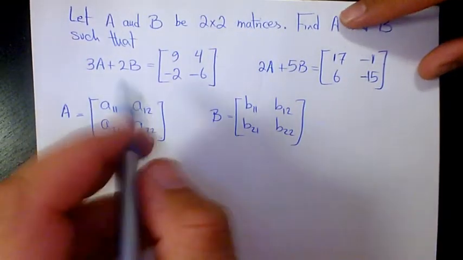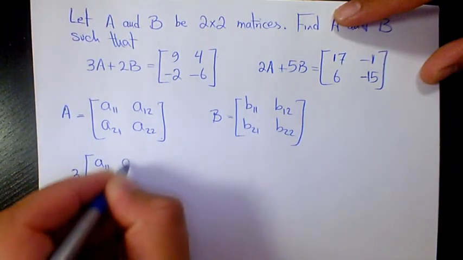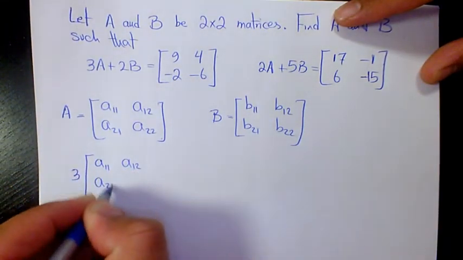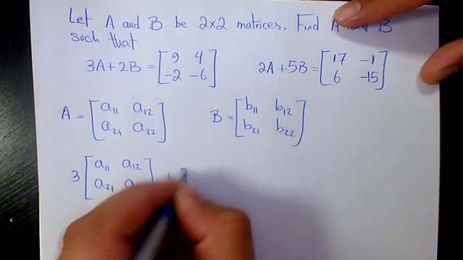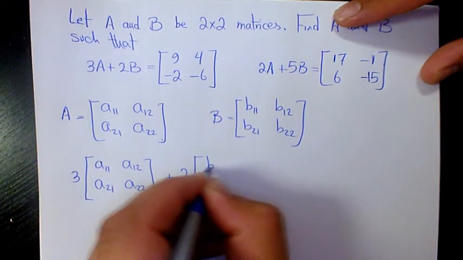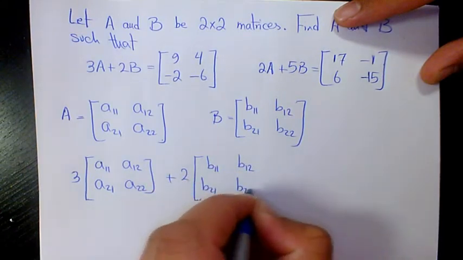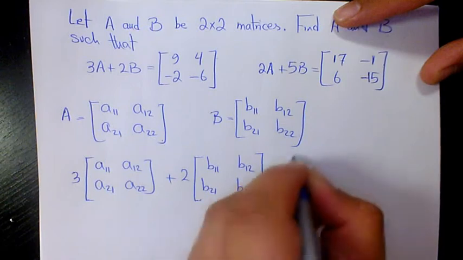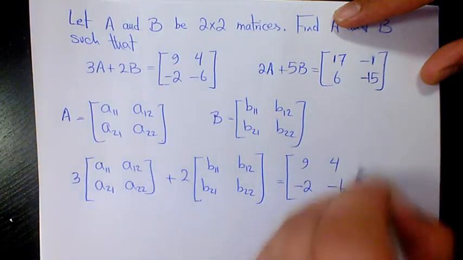So based on that, I'm going to say 3 times A11, A12, A21, A22 plus 2 times B11, B12, B21, B22 equals 9, 4, negative 2, negative 6.